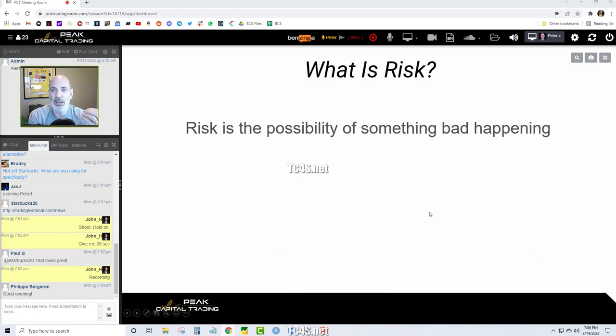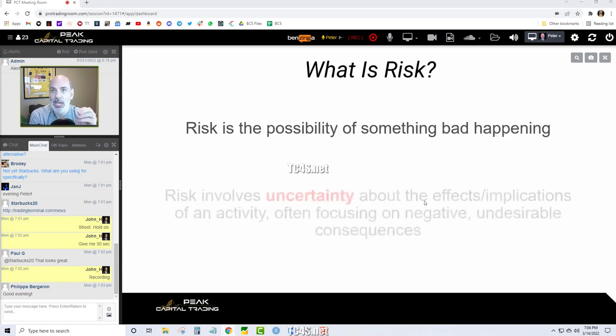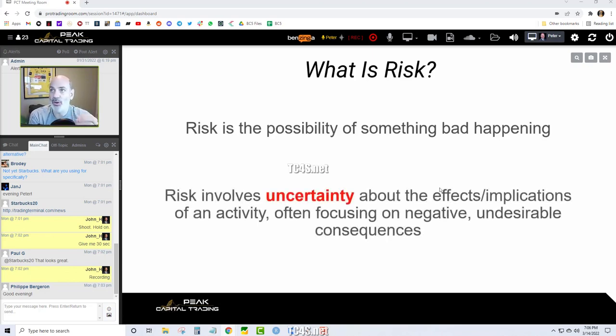If we back up a second and look at the definition of risk, it's the possibility, like I said already, of something bad happening. But in more specific terms, risk involves uncertainty about the implications or the outcomes of any given activity, right? Usually that results in undesirable consequences. When we think of risk, we tend to think of negative things. It doesn't actually have to be, but that's generally how we define it in society, right?